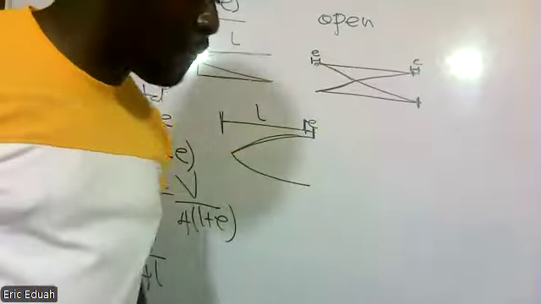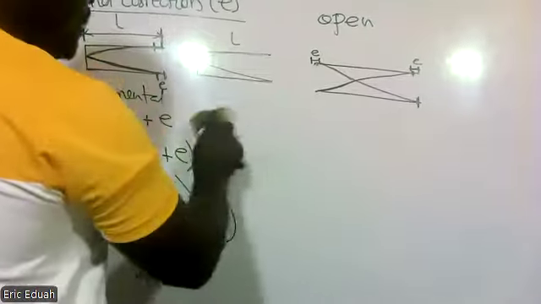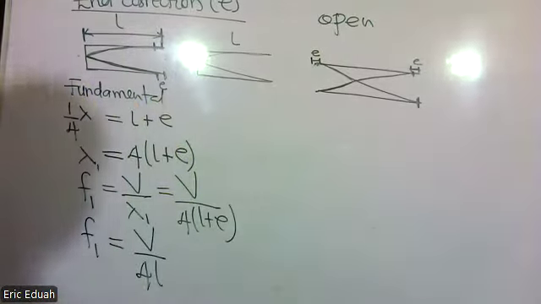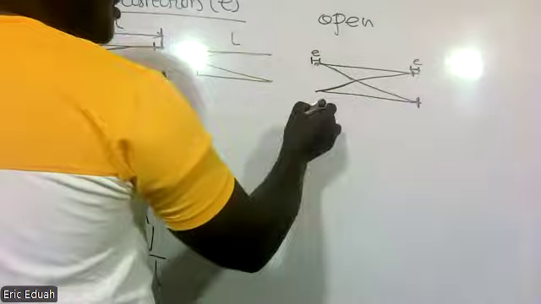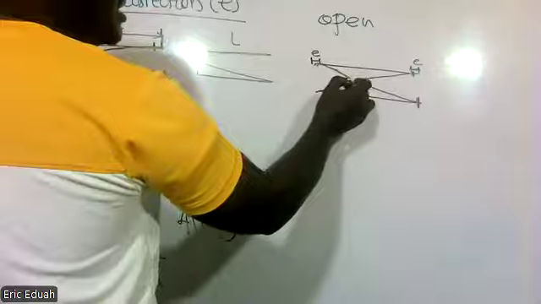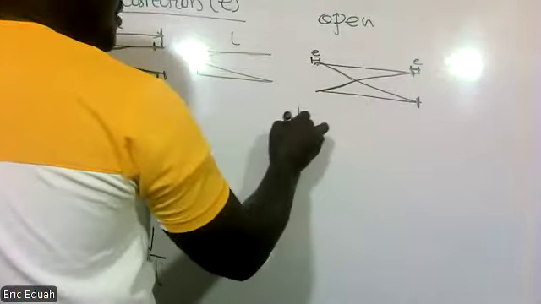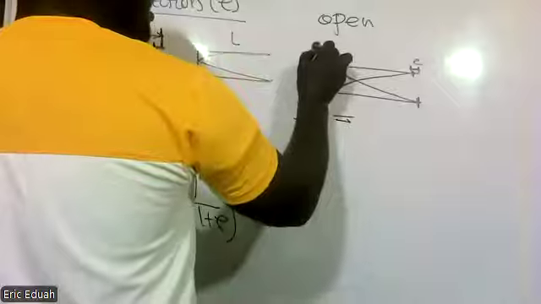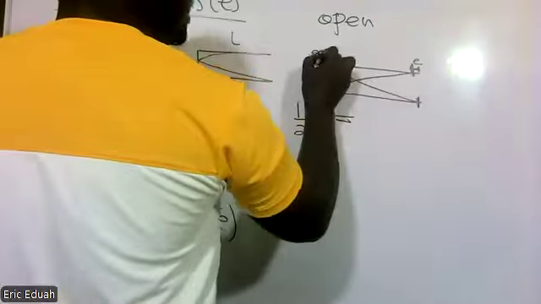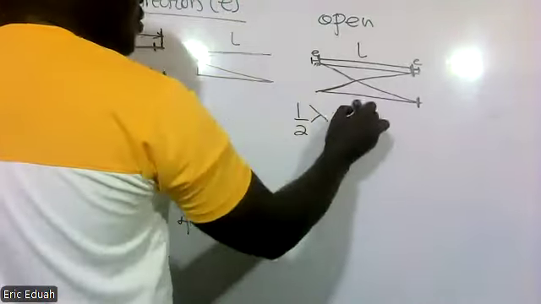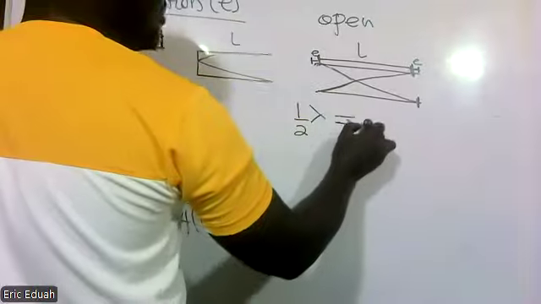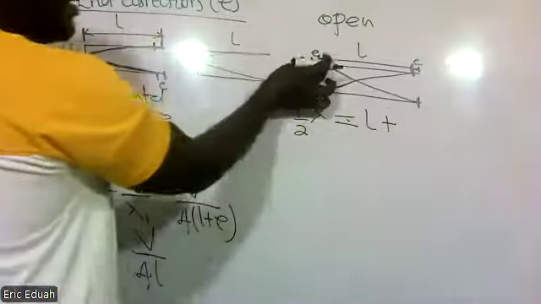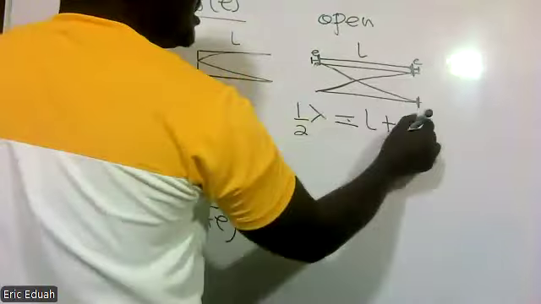Let's look at it for the open pipe, and there is a consideration for end correction. So the wavelength, this is quarter plus quarter, so half lambda would be equal to, yeah, this is the length of the pipe, L. So half lambda is equal to L plus end correction here, 2E.